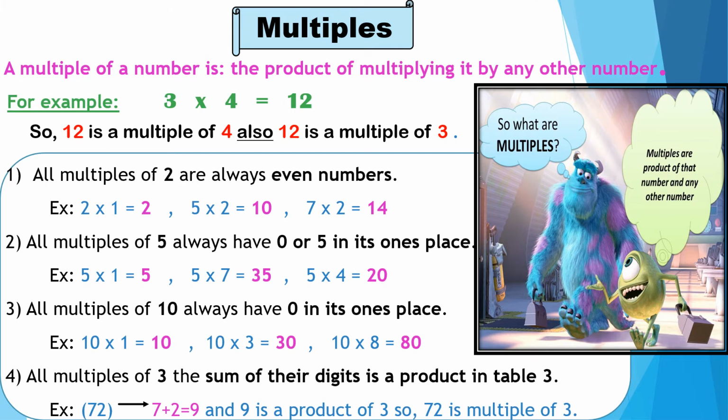Is this 9 a product of table 3? Yes, because 3 times 3 equals 9. So 72 is a multiple of 3. This number 4, multiples of 3, is optional to know. But you must memorize very well the multiples of 2, multiples of 5, and multiples of 10.